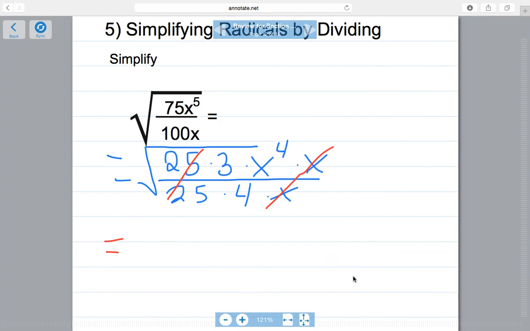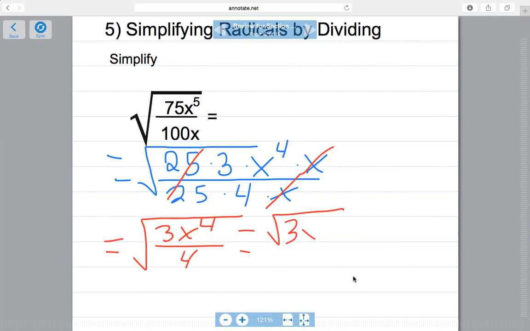So I'm left with, in the top, three x to the 4th divided by 4. Now you need to take the radical of the top and the bottom before you do anything now. So you get the square root of 3x to the 4th divided by the square root of 4.